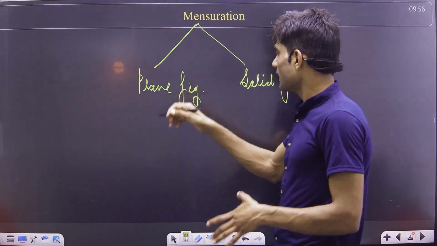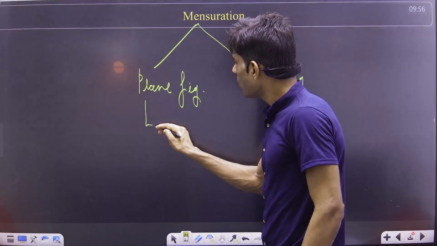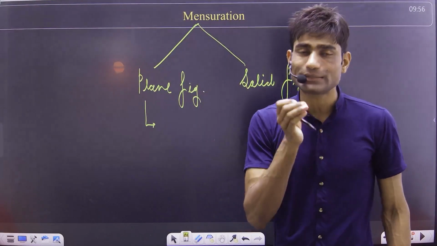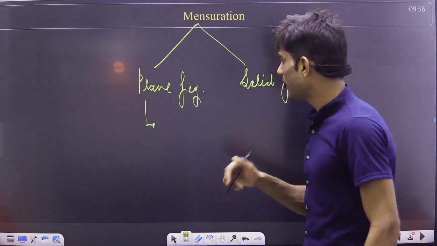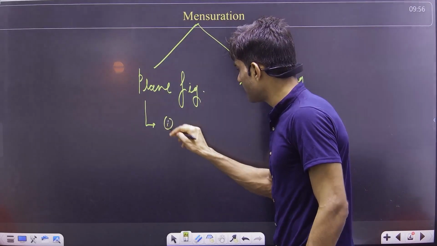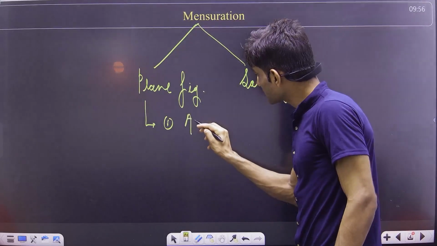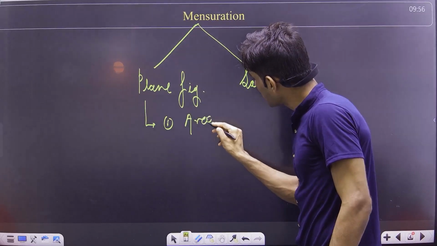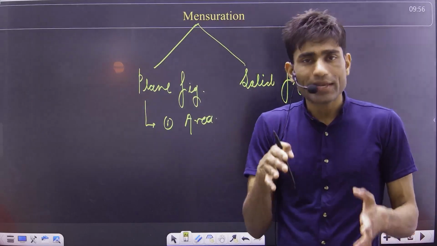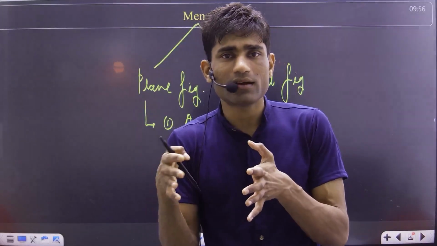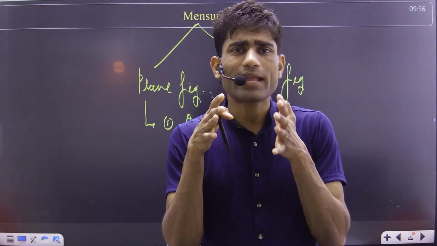Now, for a plane figure, what specific concepts do we deal with? The first concept is area, like the area of a triangle, area of a parallelogram, or area of a rhombus.